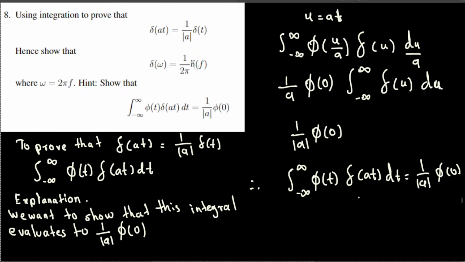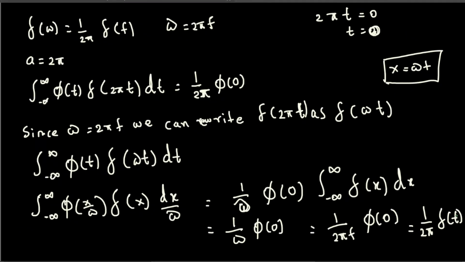And that's what they asked us to prove: delta of omega is equal to 1 over 2π delta of f. So therefore you can mention it here as well, delta of omega is equal to 1 over 2π delta of f.